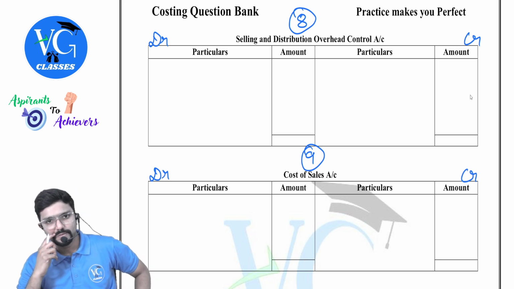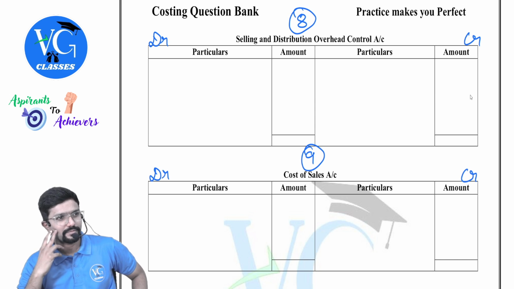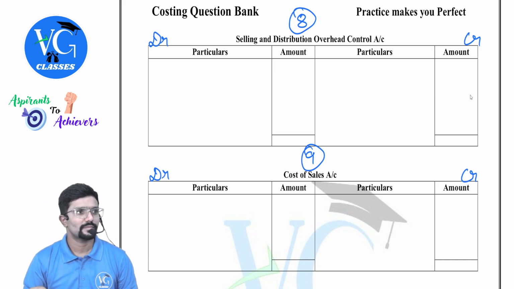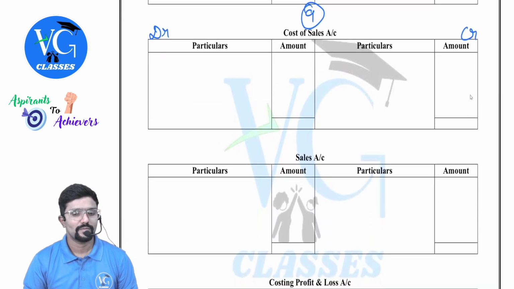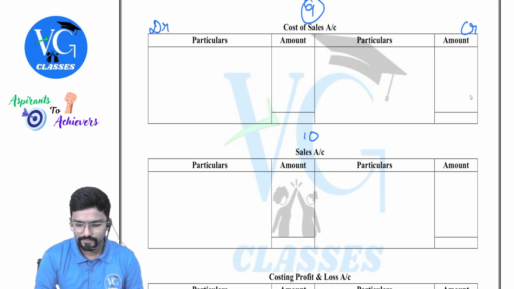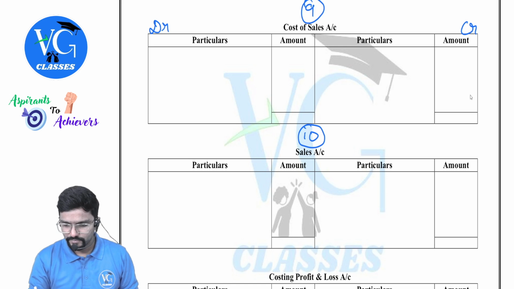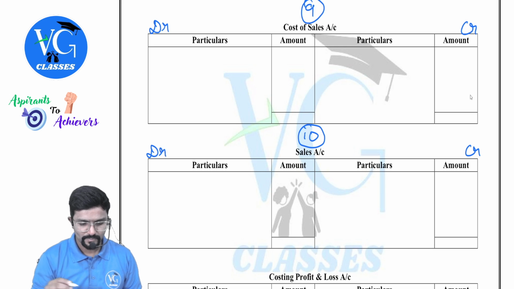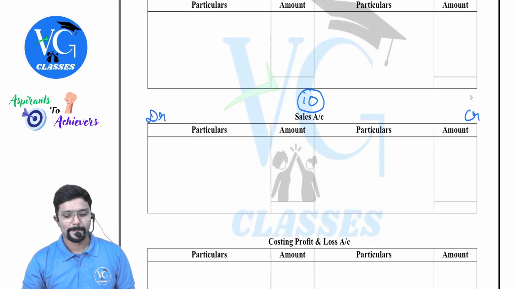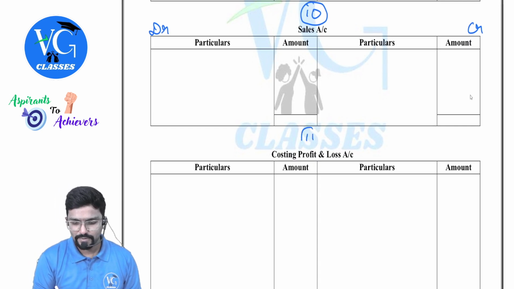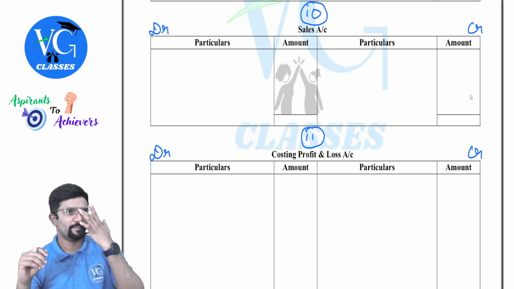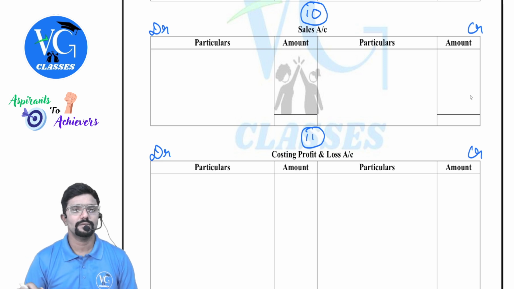Selling and distribution, cost of sales. 11th account, costing P&L. Costing P&L.